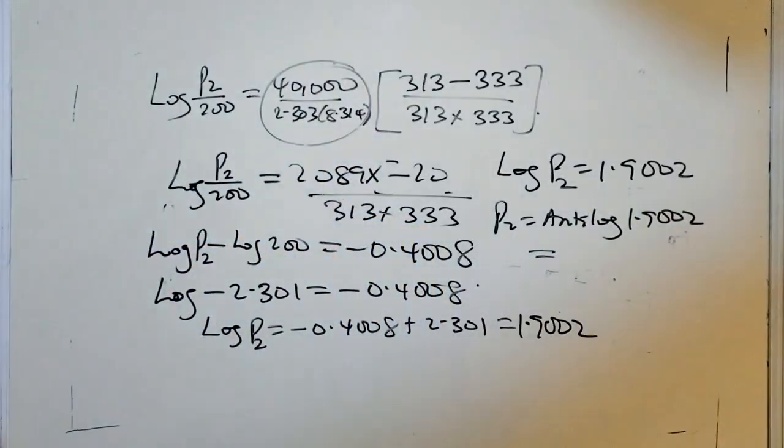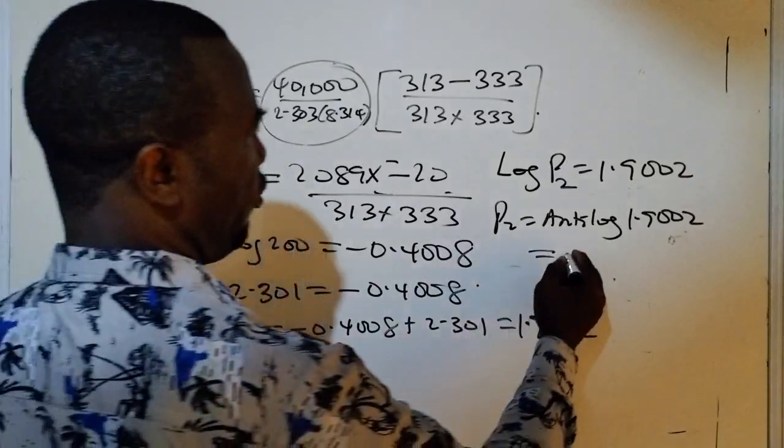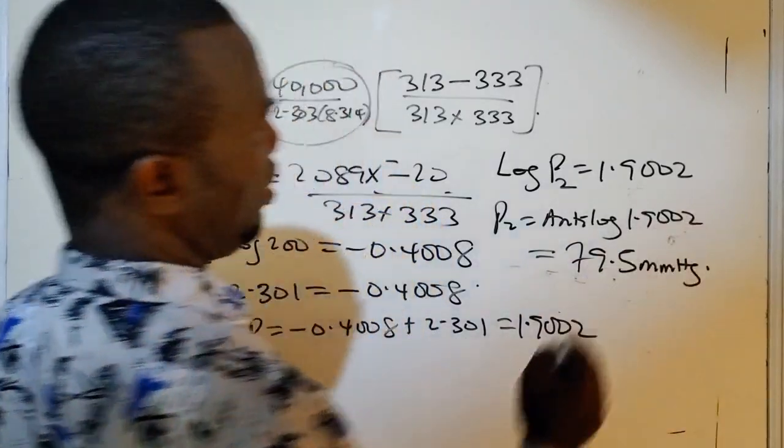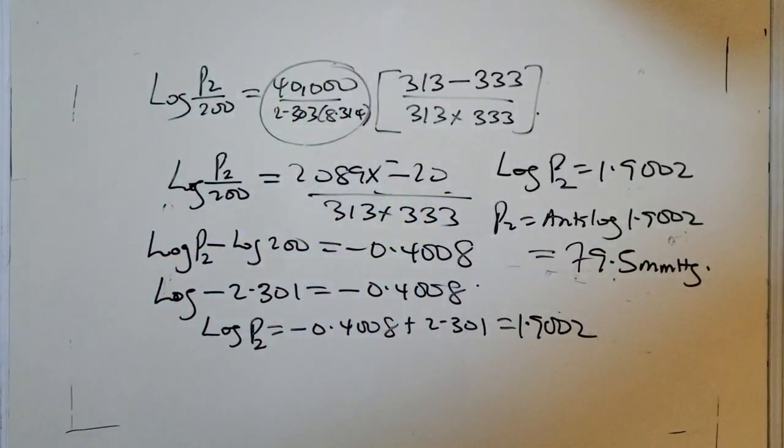And the value of our P2 is approximately 79.5 millimeter mercury. That is our P2.